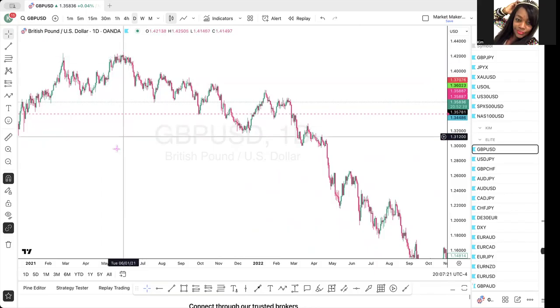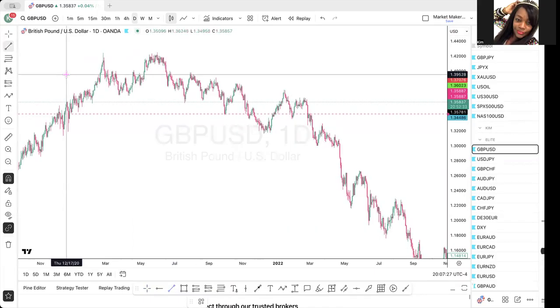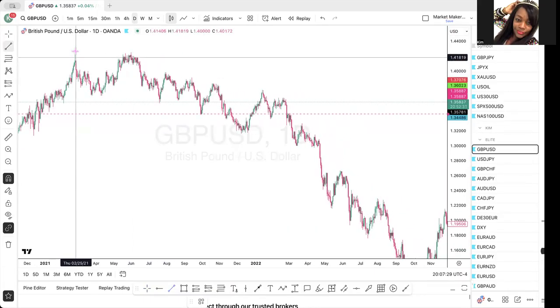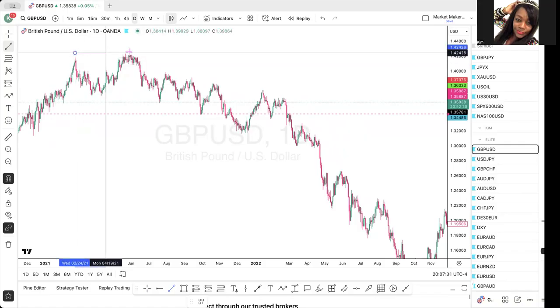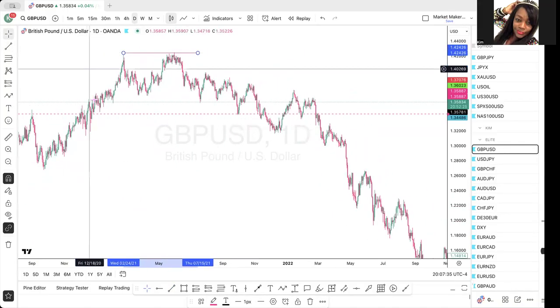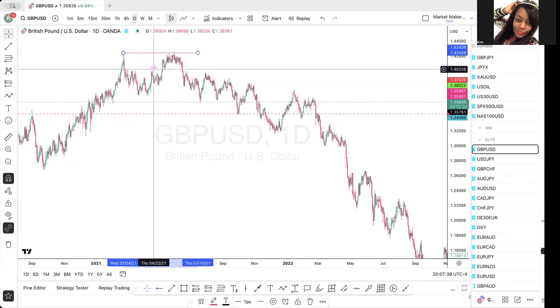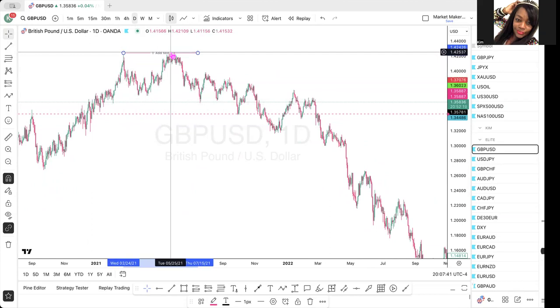So price pulled back. Now, this is my high, right? Price did not close above there. So it didn't do what I would be looking for.